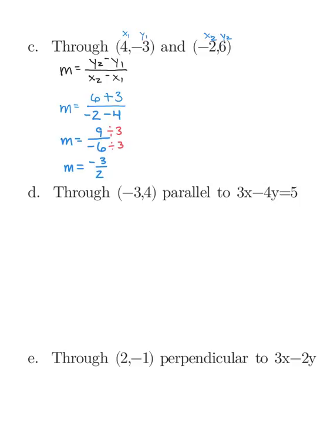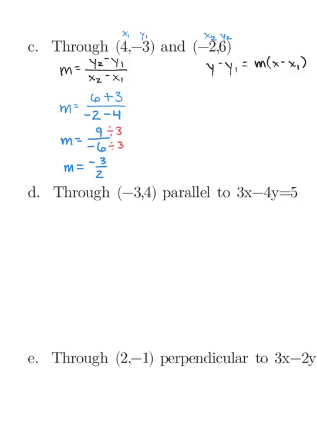So now what we want to do is use our point slope form. Remember that our point slope form was y minus y1 equals m times x minus x1. Now for this, I pose the question to you, does it matter which point I use in my equation?